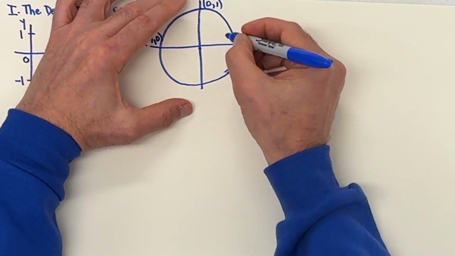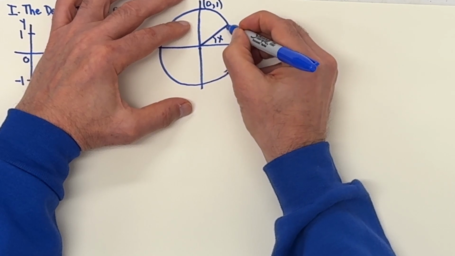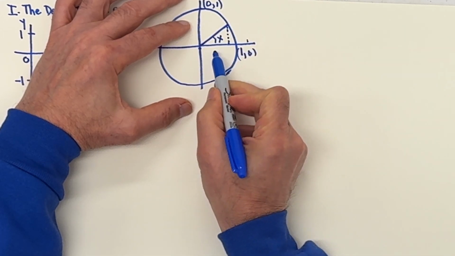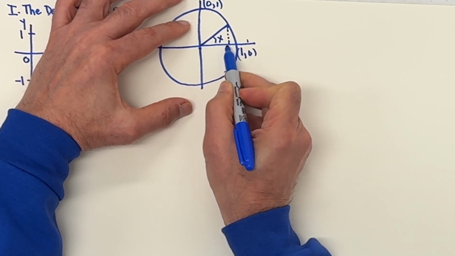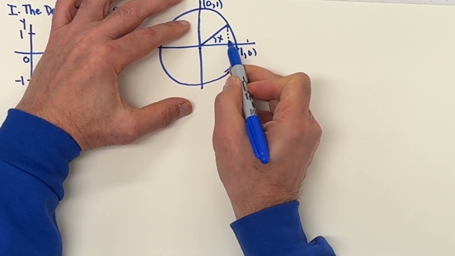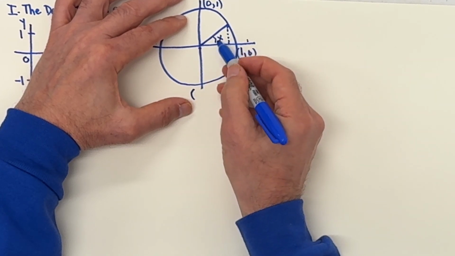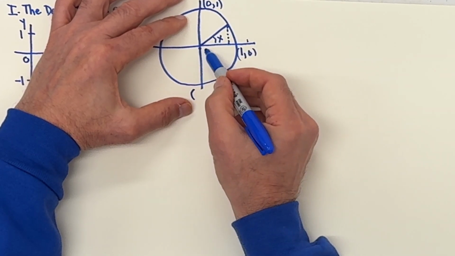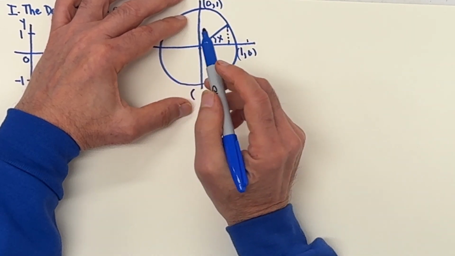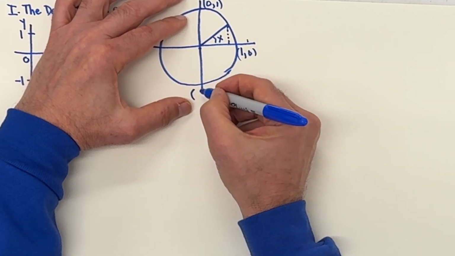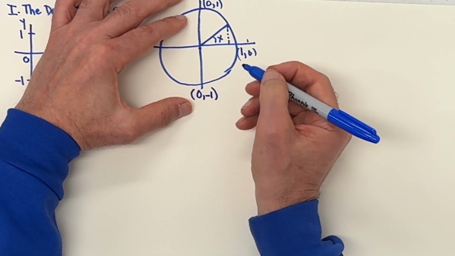So we'll just here put an angle x and represent the point here having a horizontal component and a vertical component. Usually they call this theta, and they'll say this is the x component and the y component, but I'm already using x as the angle. So down here would be 0 and -1.